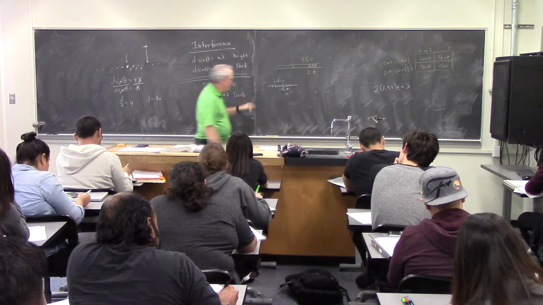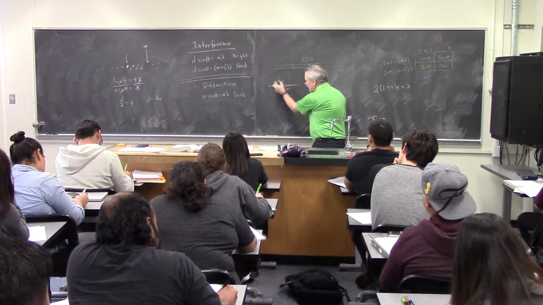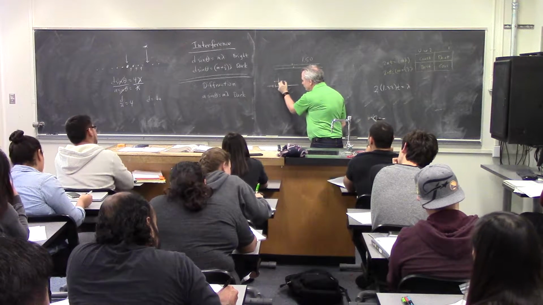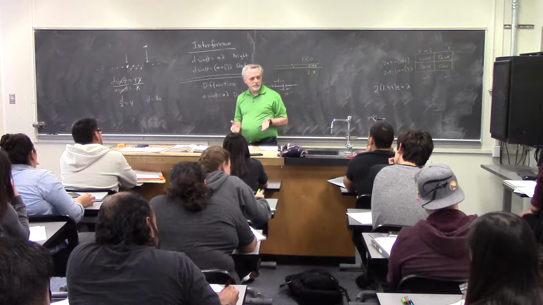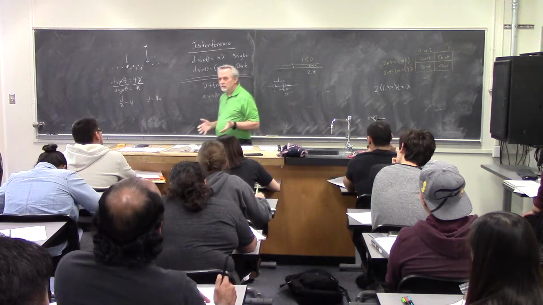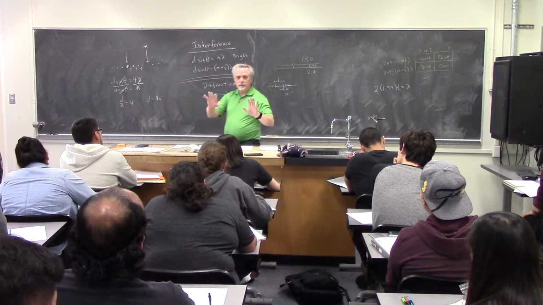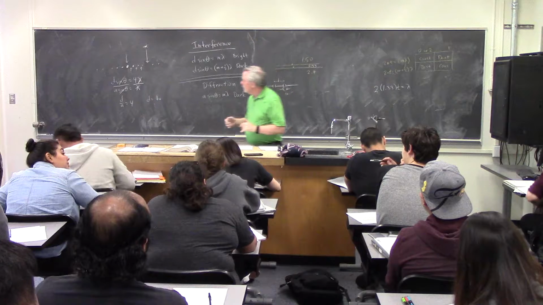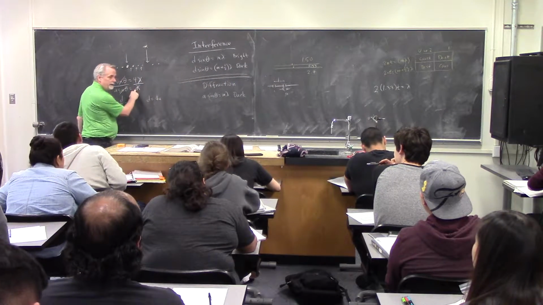Well, let's look at my picture here. This is a, that's d. It means if I went 1, 2, 3, 4, d is 4 slit widths. What was the m equal? Same question. Why was m 1 here?